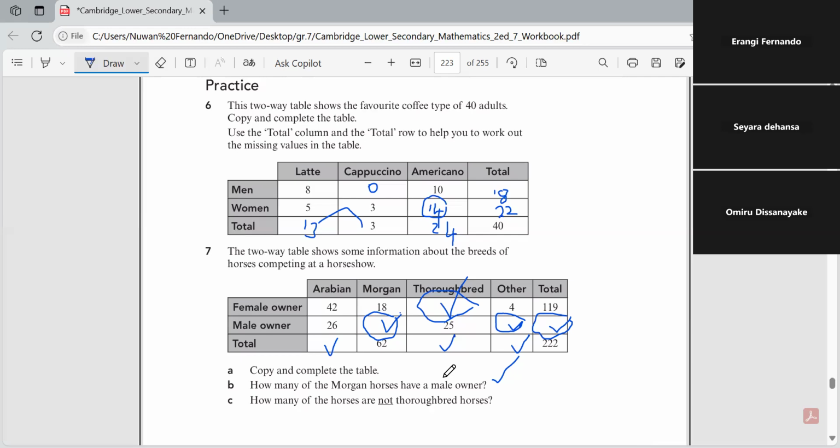Right. Anyone? How many horses are not thoroughbred horses? Are not. From without this, the rest of the things, right? That means you need to add these two.